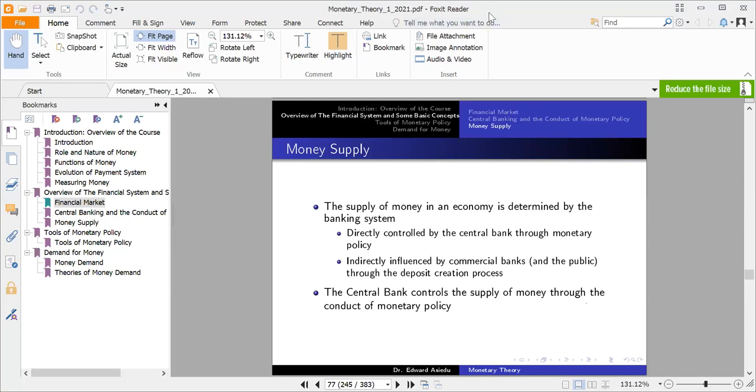Let me use the whiteboard. So let's say money supply, MS, is 100 million.